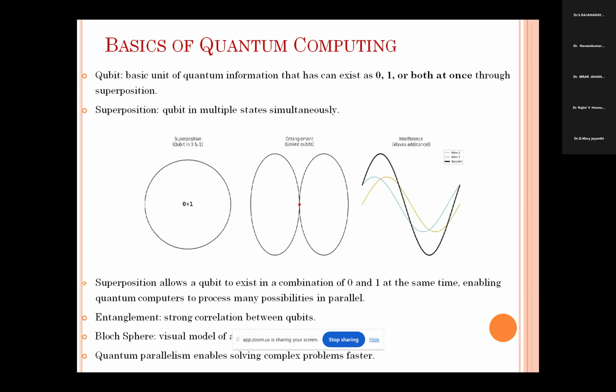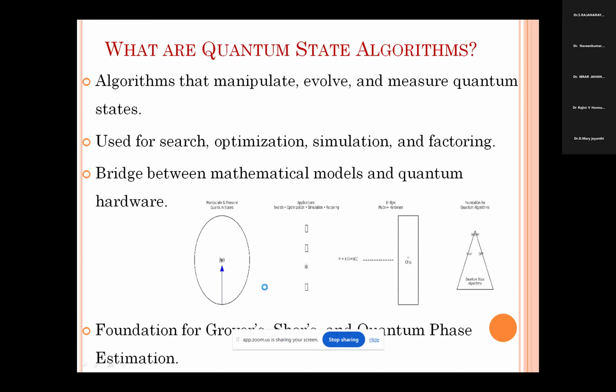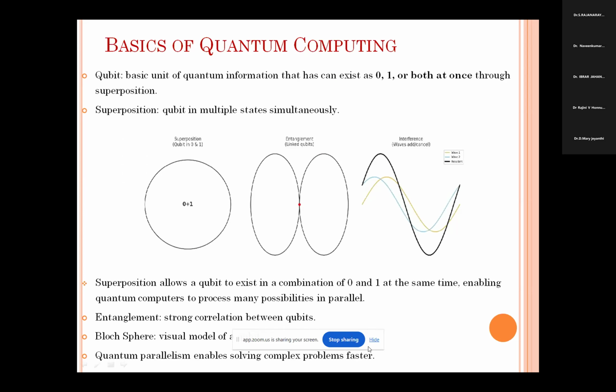Entanglement is used with linked qubits, meaning a strong correlation between the qubits. Then the Bloch sphere is a way to represent this continuous process, a visual model of a qubit.